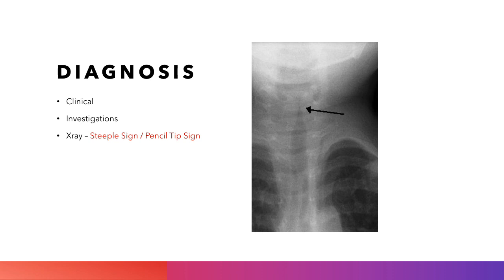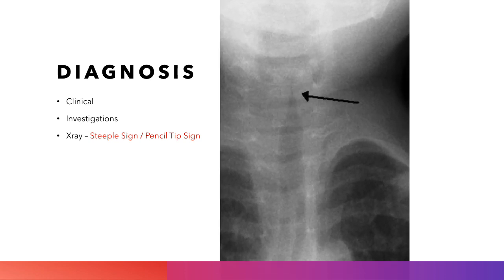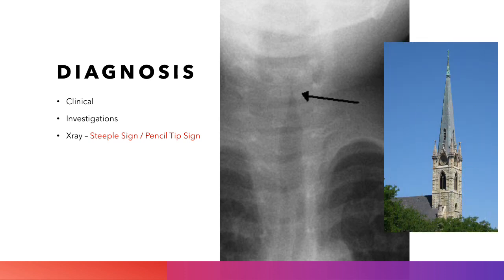So, what is the steeple sign? Because of the narrowing of the subglottic area, the shadow of the trachea looks like the steeple of a church. The conical shadow of the trachea resembles a conical building which you have seen in any church.